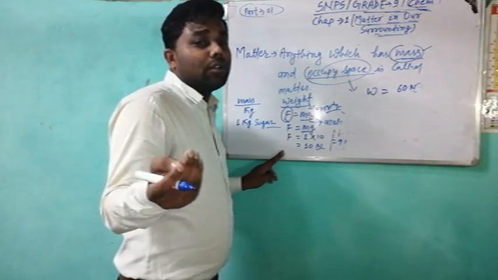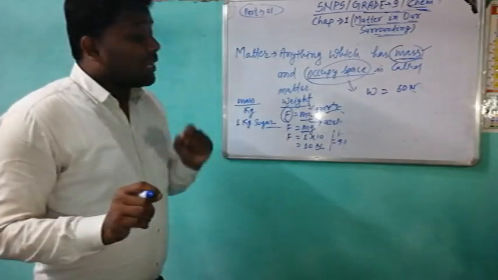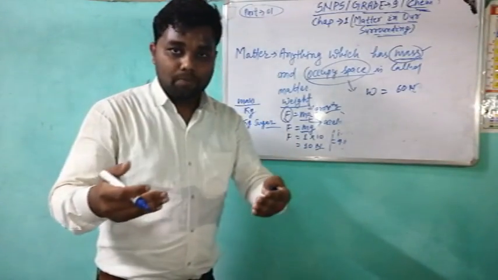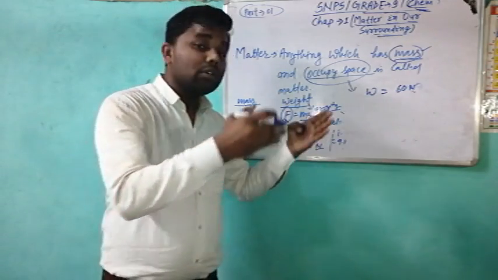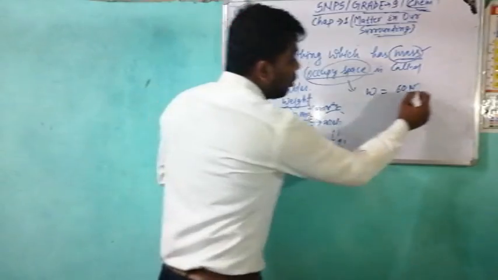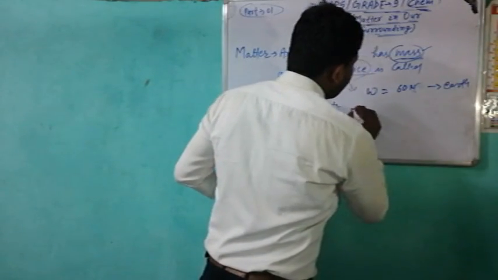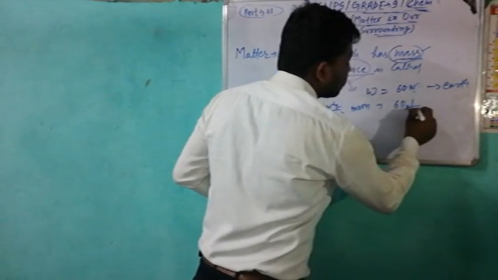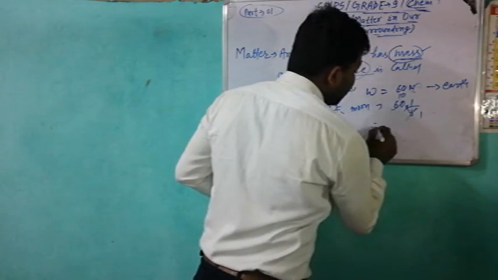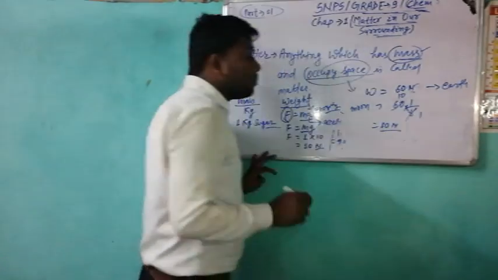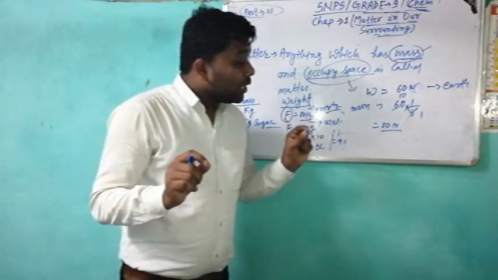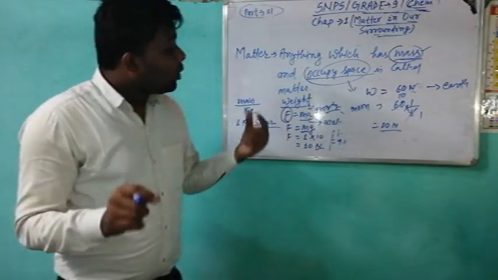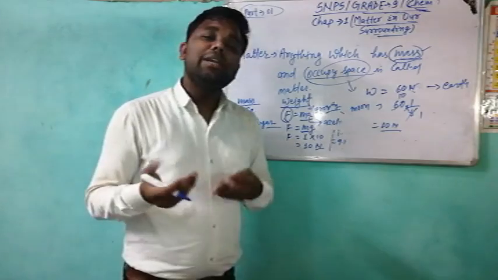The weight on the moon is 1/6 of that on the earth. So 6 times 10 are 60, giving 10 Newton. If a man has 60 Newton weight on the earth, his weight on the moon is simply 10 Newton.